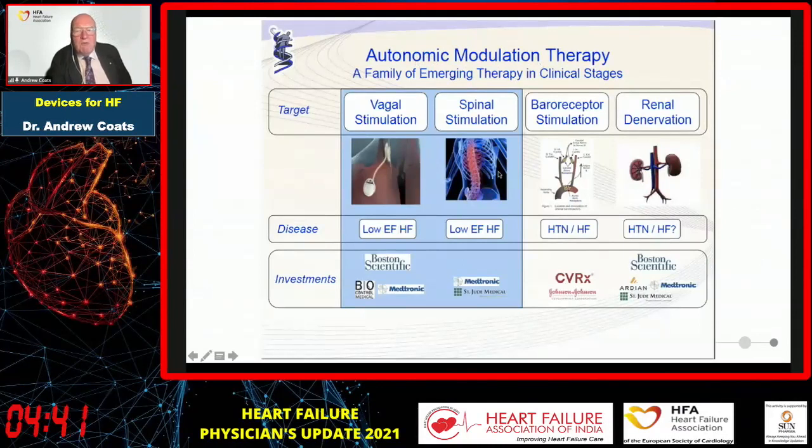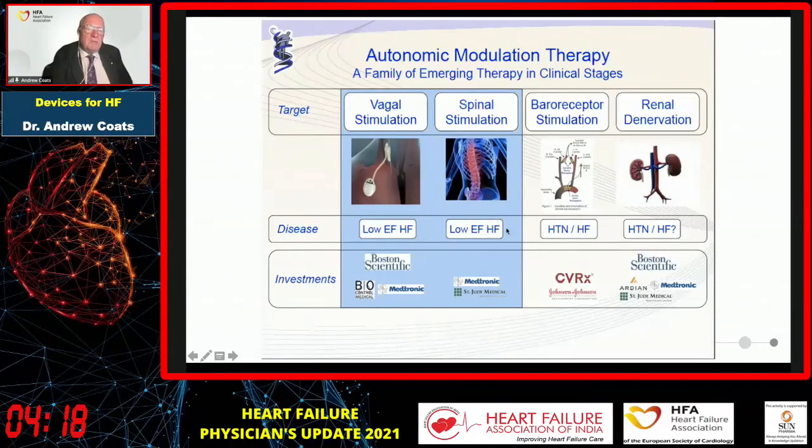There are a number of companies and devices that have been targeting sympathovagal balance, either via stimulating the vagus, stimulating spinal afferents, stimulating the baroreflex system, or denervating the sympathetics and the renal artery. Each of those have been tested in various ways in heart failure or hypertension, and with variable results.